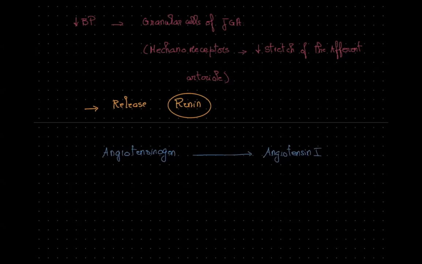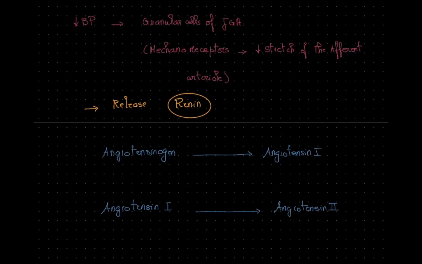And that angiotensin 1 needs to be converted into angiotensin 2. This is the active form of the hormone.